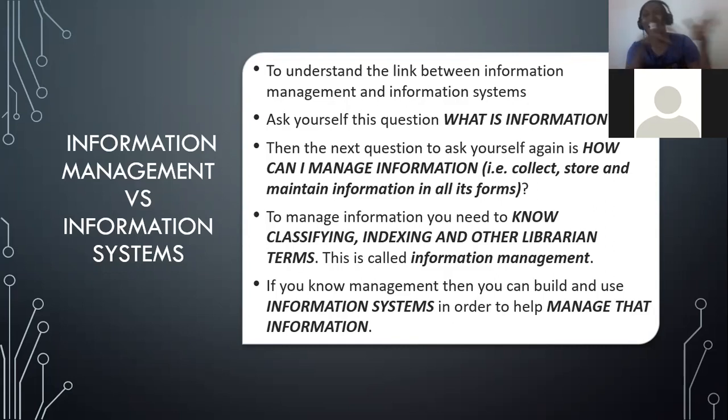So there are various types of information systems, right? We're going to talk about them later on, depending on the specialization of the company, depending on the department itself. So you don't have one single information system, right? You have various of them depending on the task at hand, right?